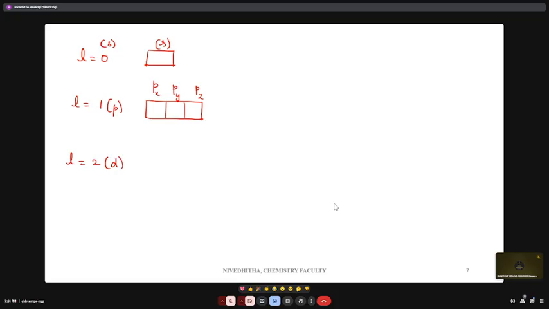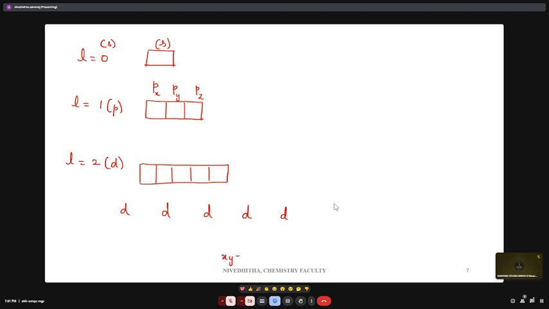Similarly, L equals 2, and this is the D subshell. We have 5 orbitals. I'm going to give you the shortcut to memorize these 5 d orbitals. Listen carefully. All the 5 orbitals start with the alphabet D, but the subscript will be a little different.